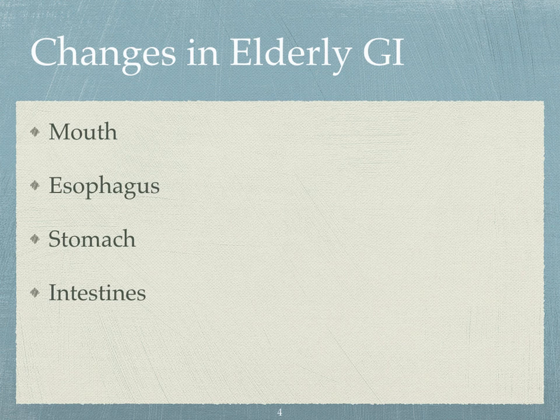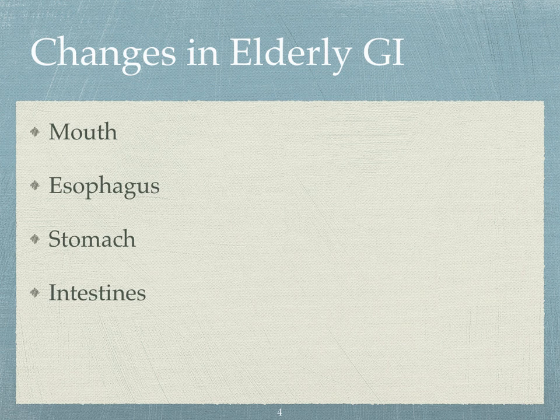Next is the esophagus, which has more difficulty contracting than it did in our younger days. Our lower esophageal sphincter will start to have distress as the pressure on the sphincter decreases and the motility decreases as well.